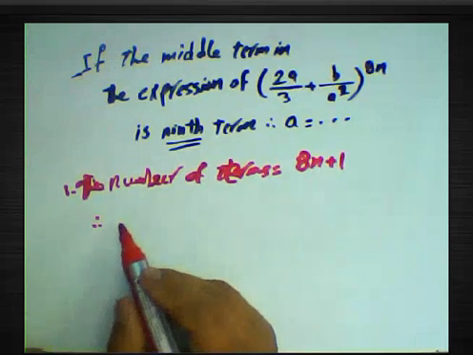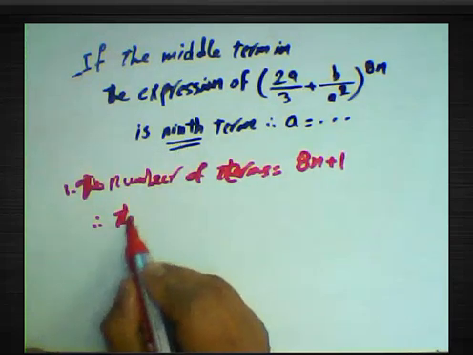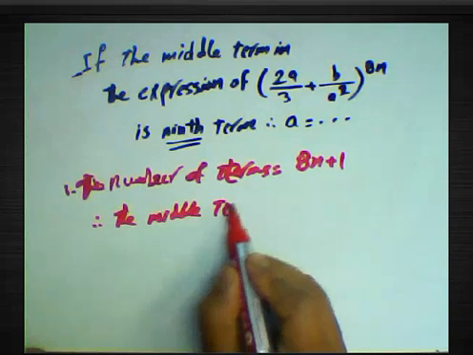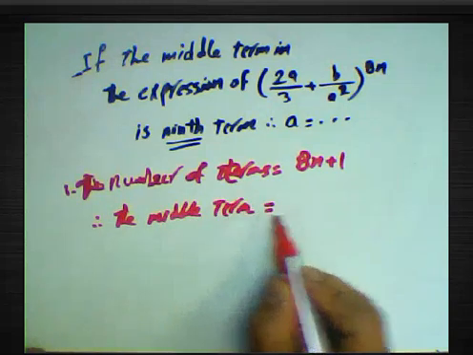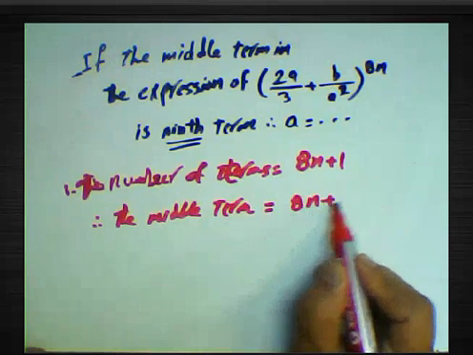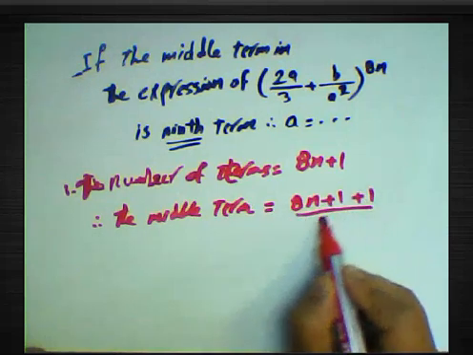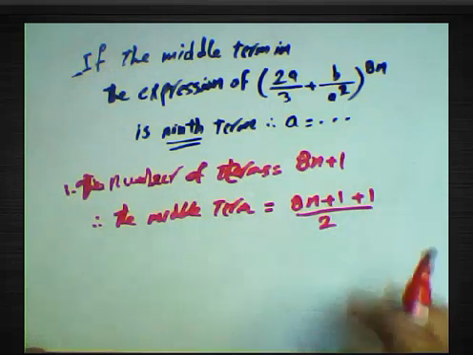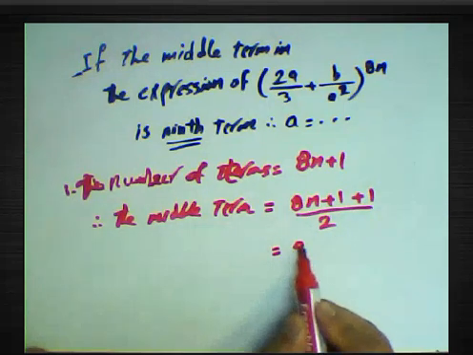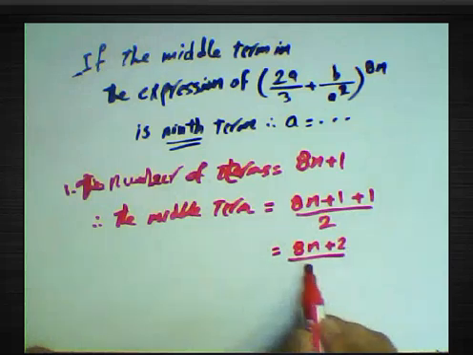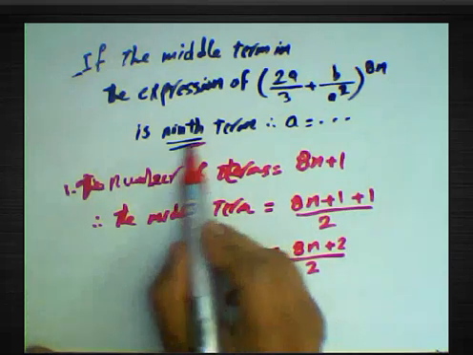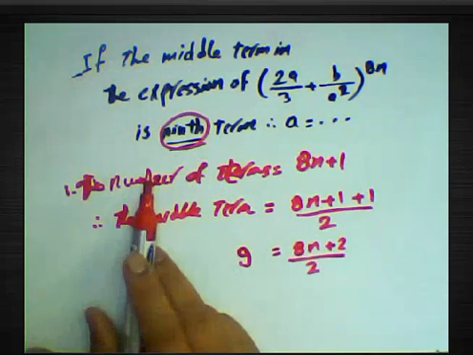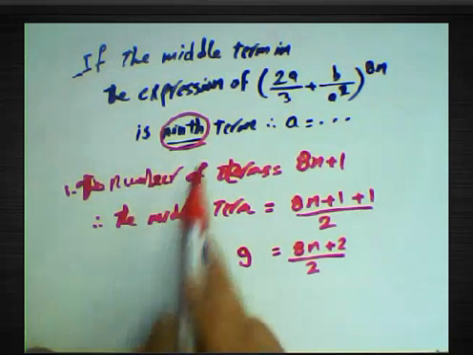Then the middle term equals what? 8n plus 1, we must add 1 and divide it by 2. Then the result will be 8n plus 2 divided by 2, and it gives us the middle term, the ninth term. We can write 9 here because it tells us the middle term is 9.